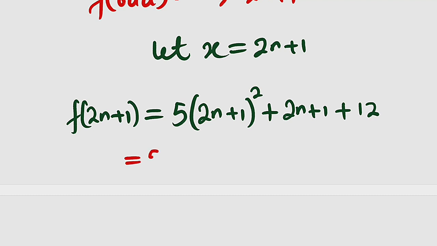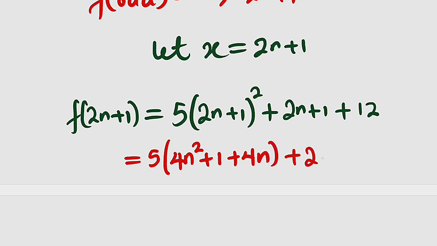This is equal to 5 multiplied by, if you expand this, the first term squared, that is 4n squared. Second term squared, 1 squared is 1. Then 2 times the first times the second gives us 4n. So we have 4n, plus 2n, plus 13, because 1 plus 12 is 13.